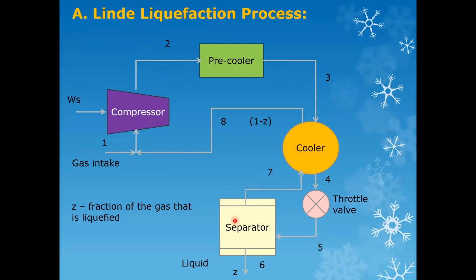In the separator, the liquid is separated from the gas, and this is our product, the liquefied gas. Z is the fraction of the gas that is liquefied. Therefore, if this is Z, then this should be 1 minus Z, right? And the process repeats in a cycle.